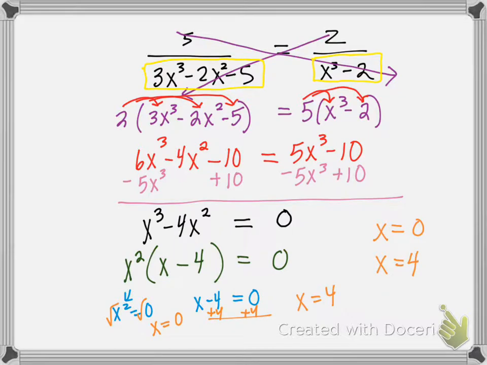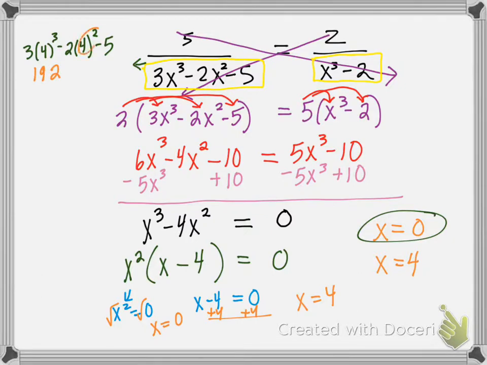So 0 works. Checking a 4. So let's plug in a 4 here. So 3 times 4 to the third minus 2 times 4 squared minus 5. So my first term here, I need to apply the exponents first. So 4 to the third is 64 times 3 is 192.